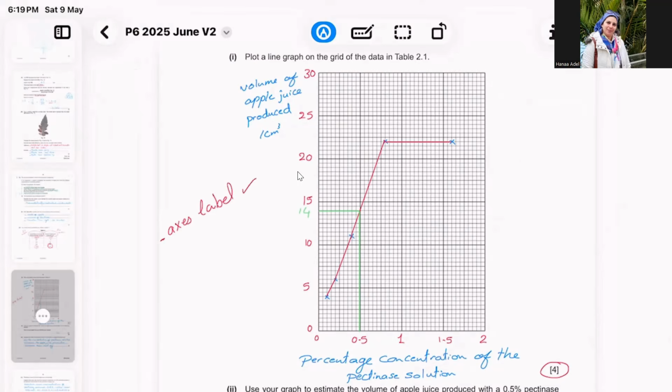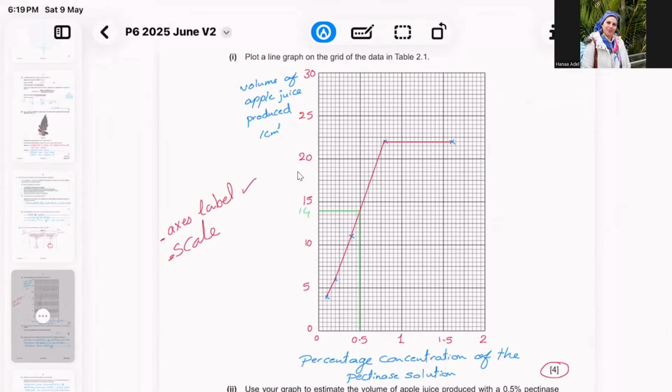Then what about the second one? We have to make the scale. You have to look at the least and highest values and then count how many big boxes and try to distribute these values to fill all the space provided. So I divided the percentage concentration 0, 0.5, 1, 1.5, and 2.